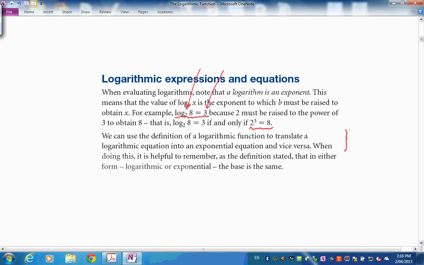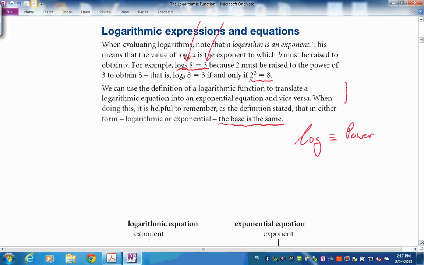So as long as you're using the same base, you can quickly move from one to the other, because the log of a number to any base is the power of that base required to get the number. So let's always remember log is equivalent to a power or exponent. It's a power of some base. Let's go down and develop it a bit more now.